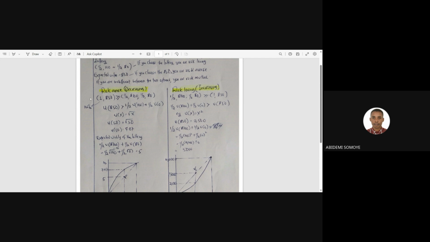So this first part, you could see that under risk averse, you see 1, $50. What that means is that a risk averse person would not love to take risk, and so he will prefer $50. He will prefer to take all the $50, which means 100%.